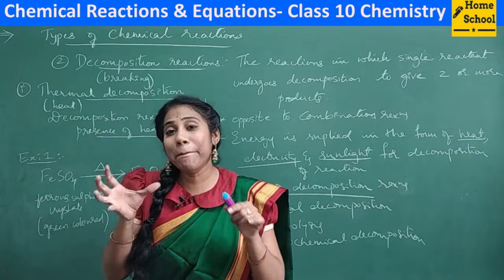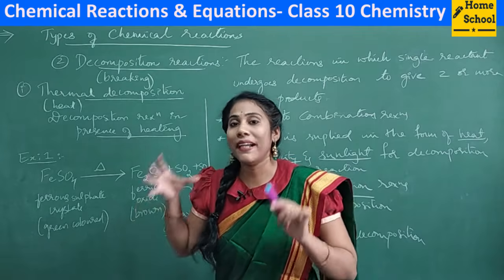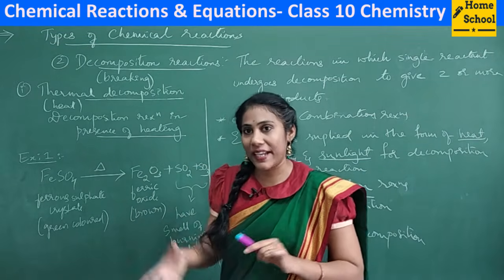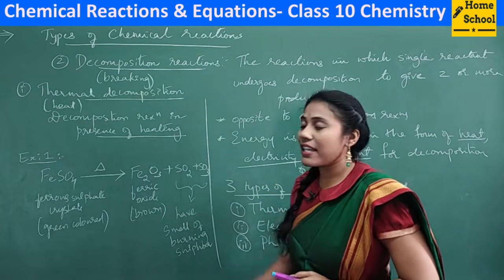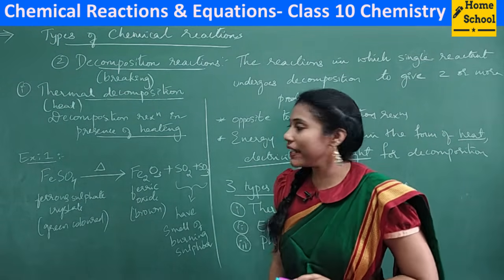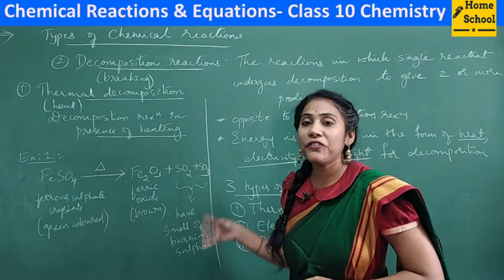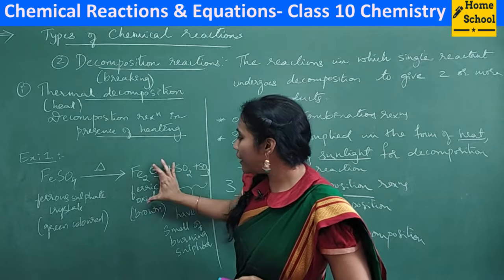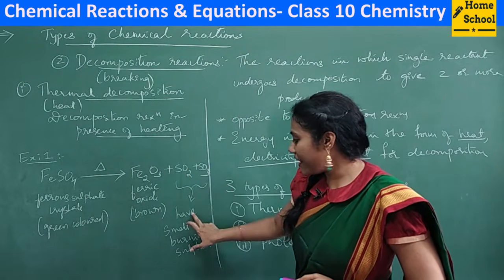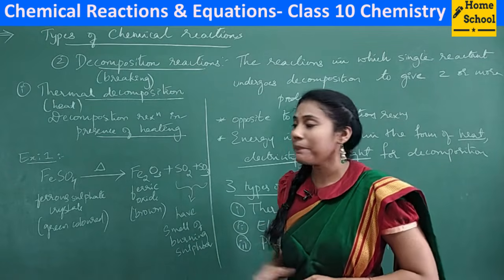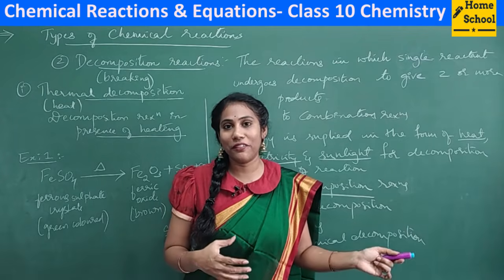Along with that, very bad smelling gases will come out. By observing that bad smell, it was identified that it is sulfur dioxide and sulfur trioxide gases. So this is a very, very important reaction. It was mentioned in one of the activities also. You must know the color of the product and what gases you will get and what is the nature of the gas. Everything is important. And let us understand this reaction with the help of a beautiful visual now.